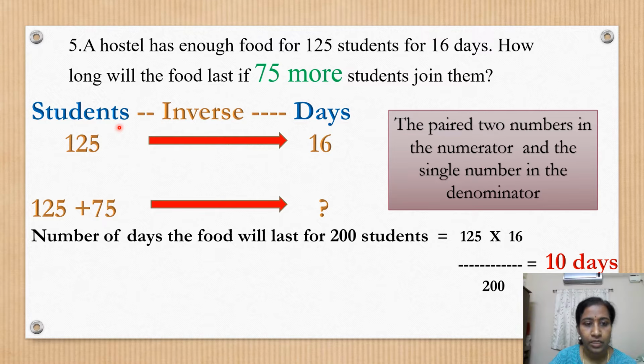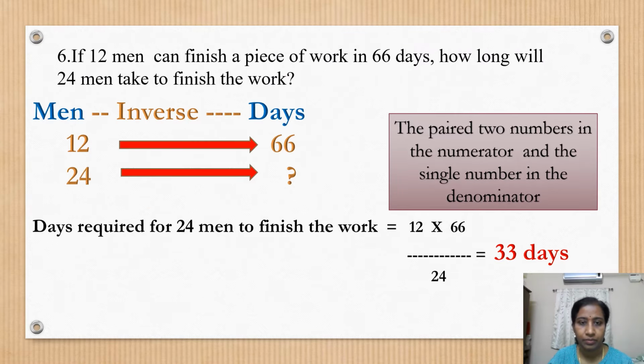More students, we can serve food for less days, and less students, we can serve food for more days, and this is inverse. So I'm just writing the values 125 and 16. Here, please don't forget to write 125 plus 75 because it is 75 more students. So this is 200 here and a question mark. So again, two straight lines and 125 into 16, the two connected numbers in the numerator and one single number in the denominator, and you get the answer 10 days.